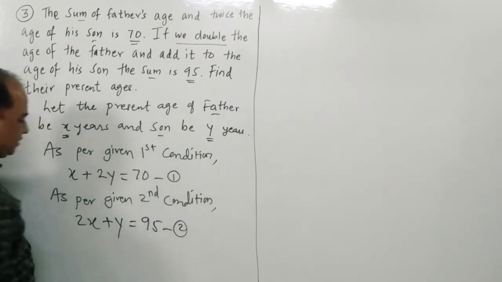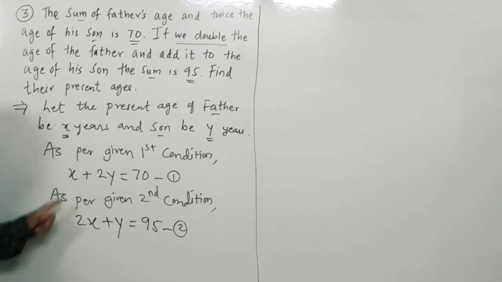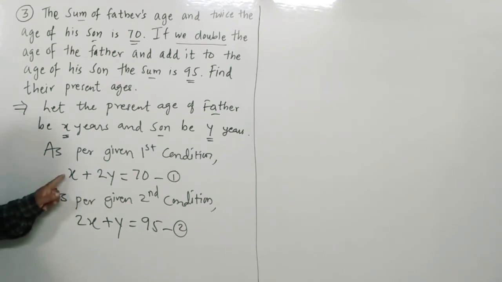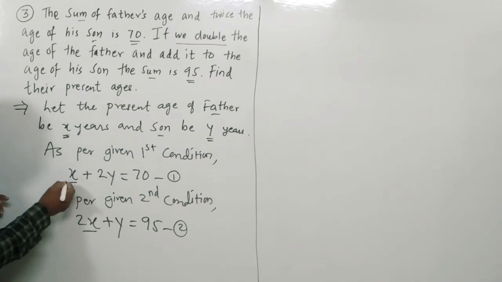This is the second condition. Now we have to solve these two equations simultaneously, but here there is a single x and here there are two, so we make this the same. So multiply equation 1 by 2. Here 2x is there, so we have to make this x as 2x.